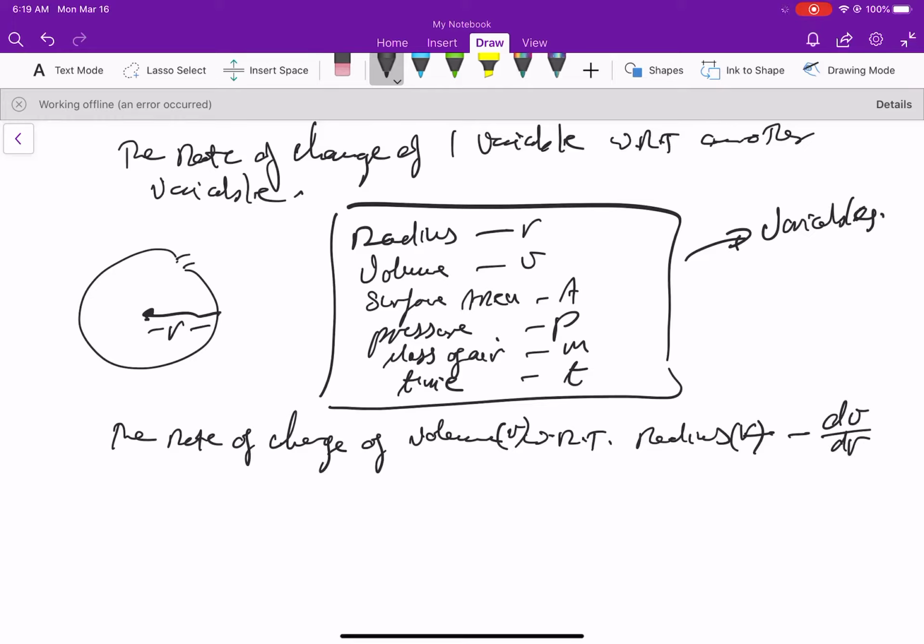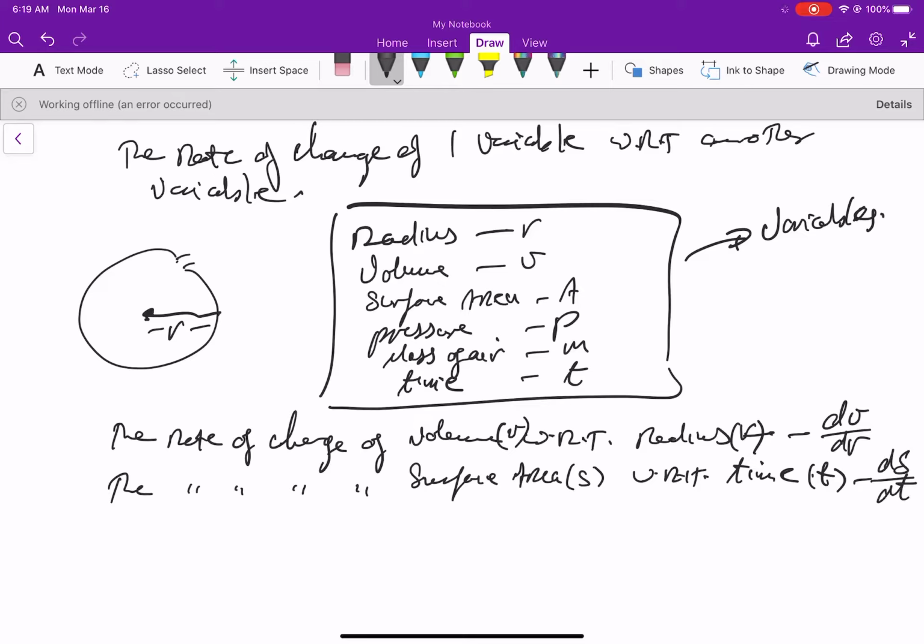And I can pick any two variables and find the rate of change of any one with respect to any other one. So for example, the rate of change of surface area S with respect to time T. Well, guess what the notation for this would be? dS/dT, and so on.